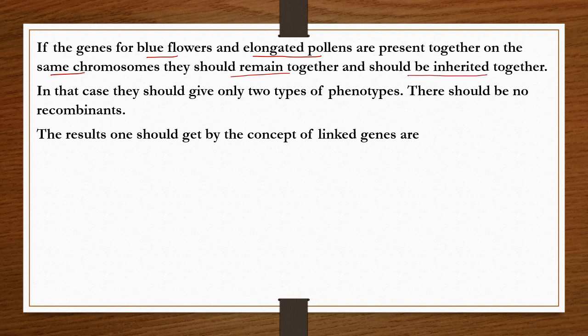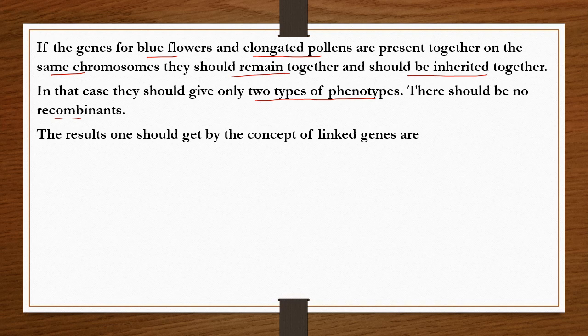In that case, they should give only two types of phenotypes. They should not produce recombinants, or there are no recombinants. I am repeating the statement again here.